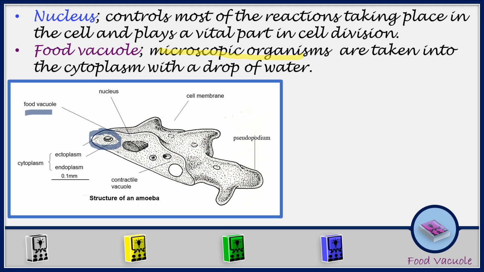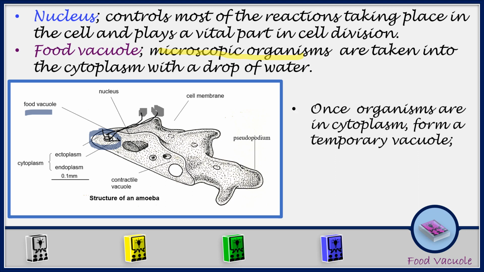So what happens is that we might have some microorganisms outside, and those small microorganisms will be taken into the cell. And when they are taken into the cell, we end up forming what we refer to as the food vacuole. They enter the cell via the drop of water.